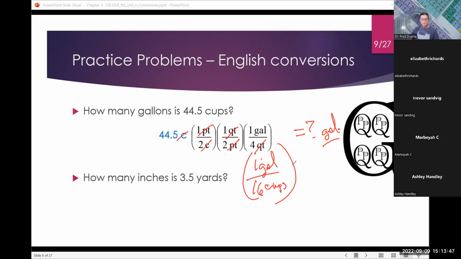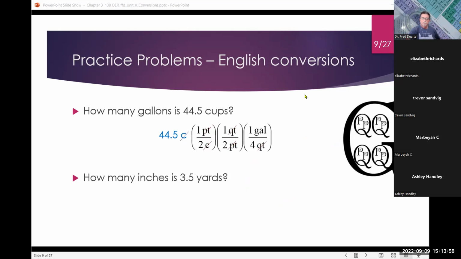So this factor is perfectly okay to use. But if you don't see it, by all means, keep them separated until you're comfortable with the system. And then looking at my sig figs, my answer should have 3 sig figs because all those factors inside are exact numbers and wouldn't play a role in sig figs.